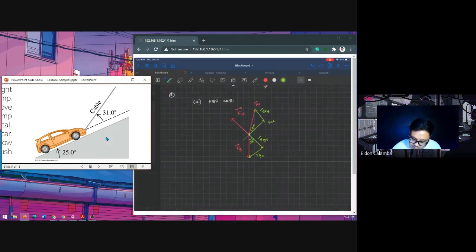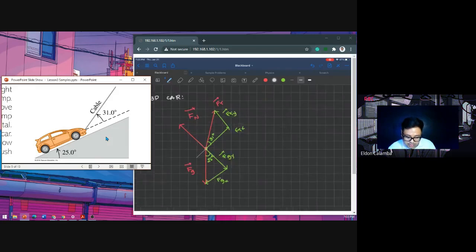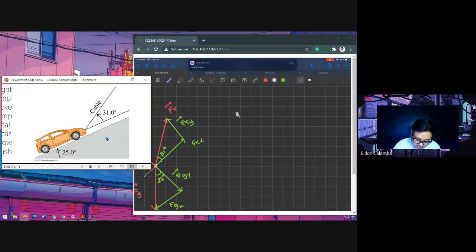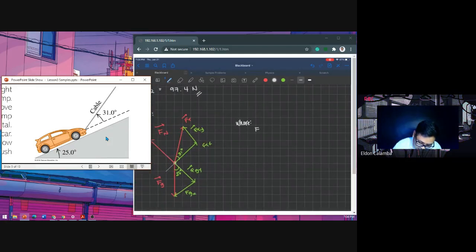Okay, so let's express FTX, FTY, FGX and FGY. With respect to 31 degrees, FTX is the adjacent side, so FTX is just equal to FT cosine 31, and FTY is the opposite side, so this is FT sine 31.